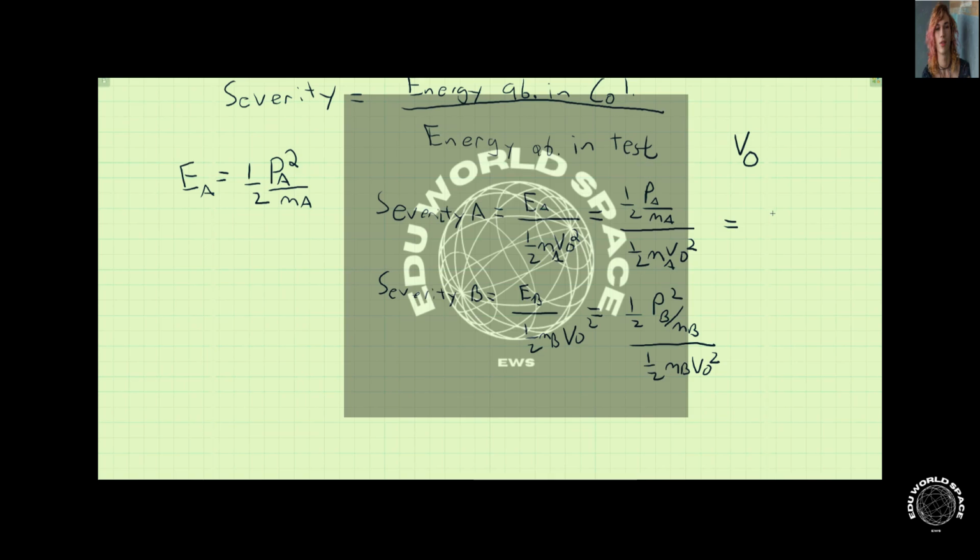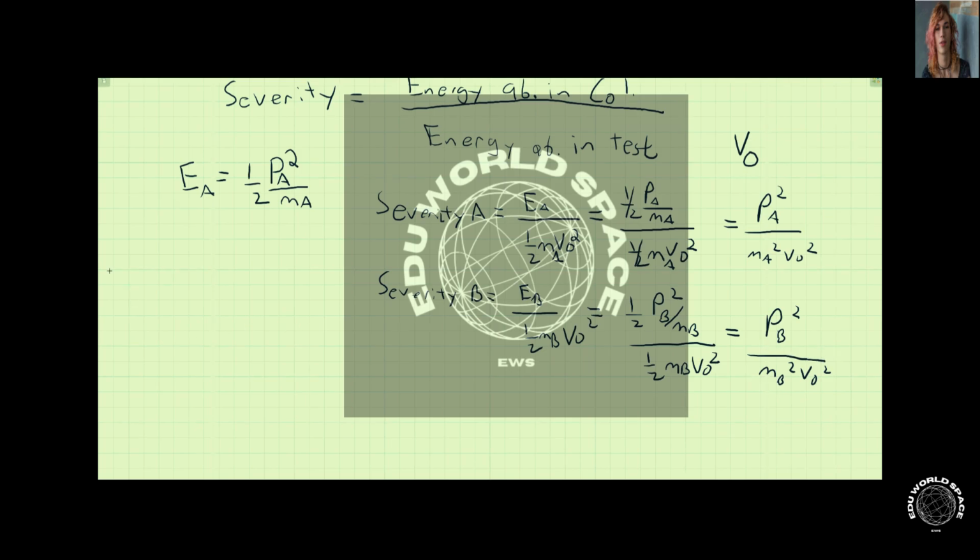On top for severity A is going to be the momentum that car A had prior to collision squared, divided by the mass of A, all squared, divided by the velocity v naught squared. The halves cancel, the two masses multiply in the denominator, and v naught stays in the denominator. And as you might expect, we get a very similar expression for severity B.